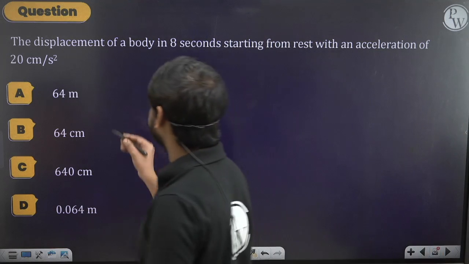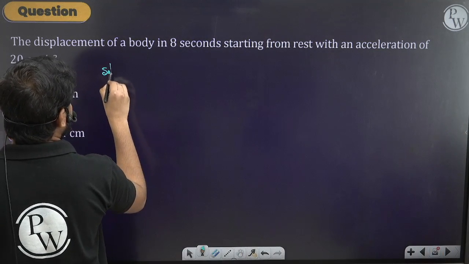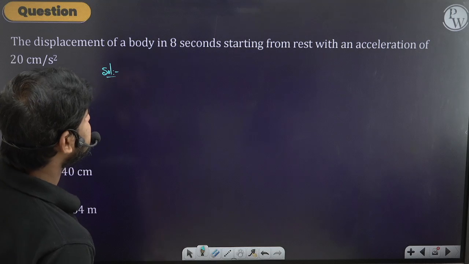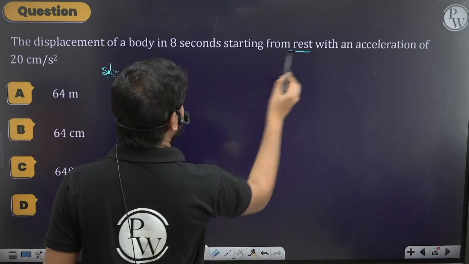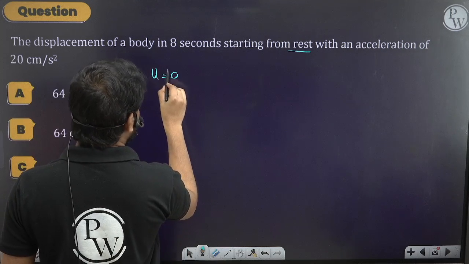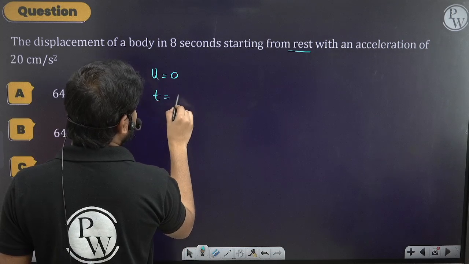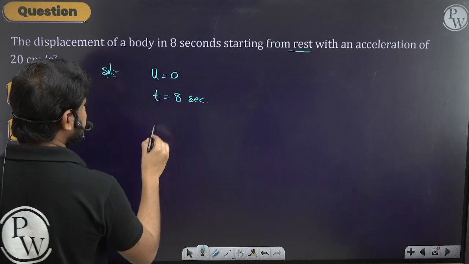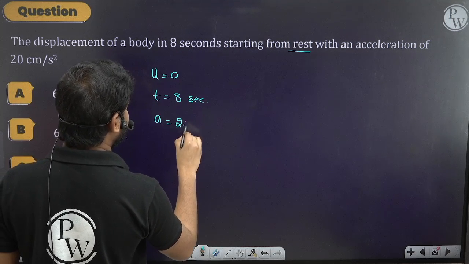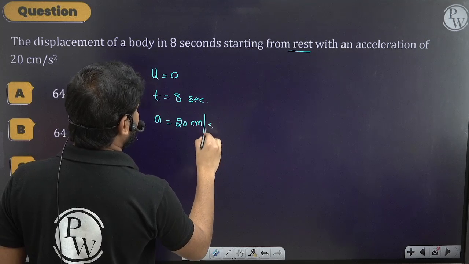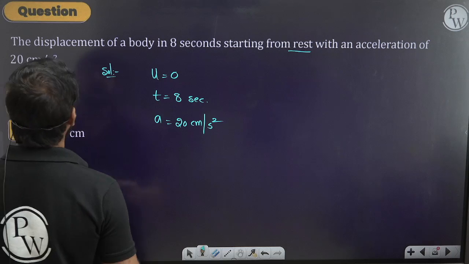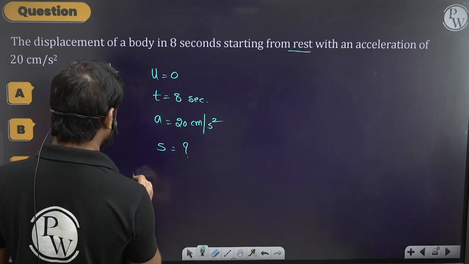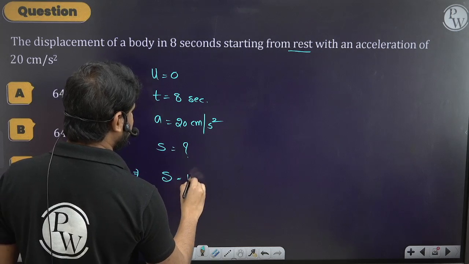What does the question say here? The displacement of a body in 8 seconds starting from rest, so u is equal to 0, t is equal to 8 seconds, with an acceleration of 20 centimeter per second square. Find the displacement s. Simply we can apply s equals ut plus half at square.